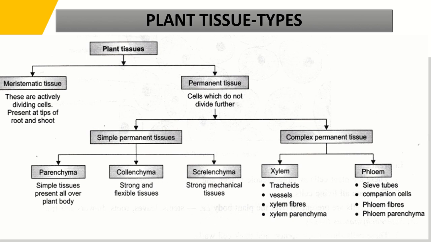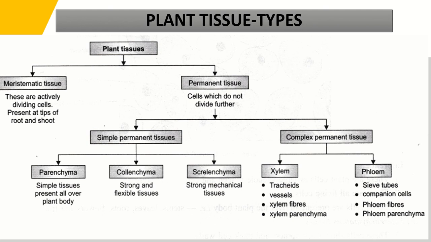Children, in this slide there is a flow chart showing the different types of plant tissue. Okay, this whole flow chart will give you a very clear understanding of the different types. Also, later on, you need to draw the same flowchart in your notebook.